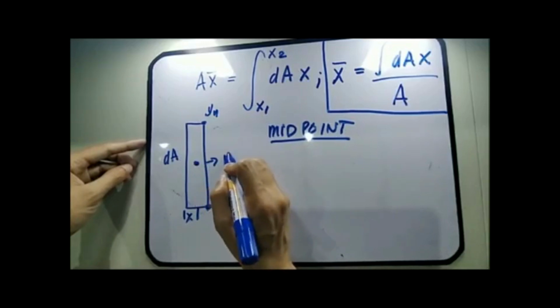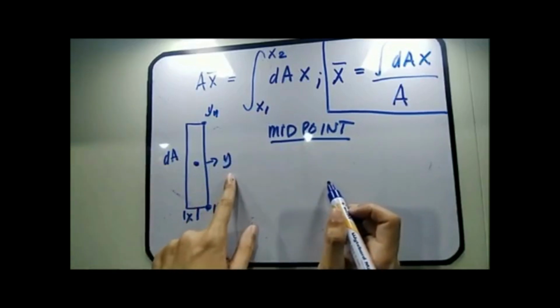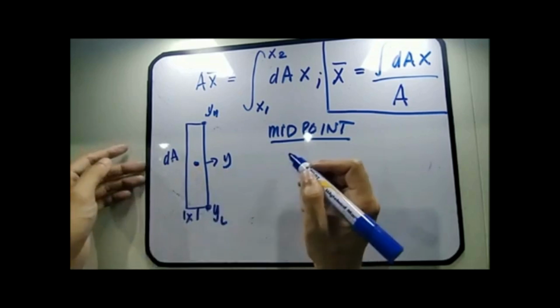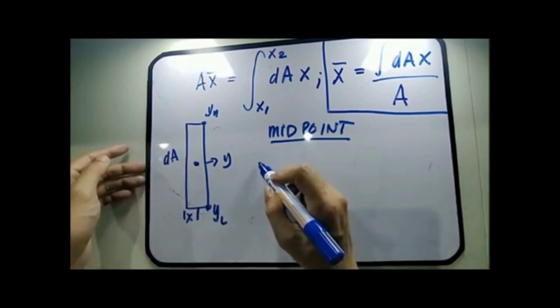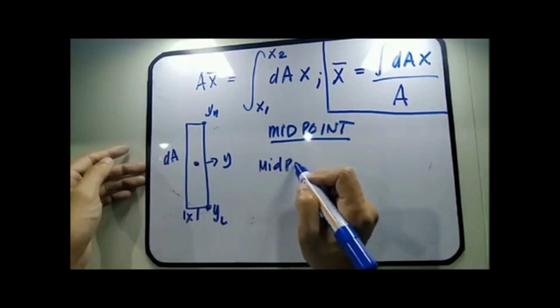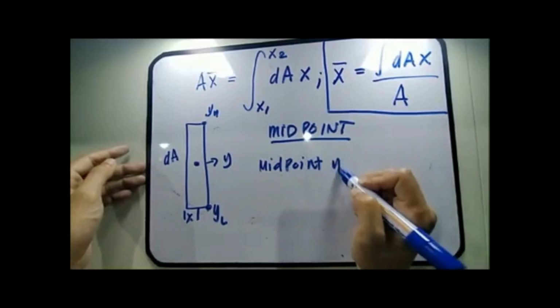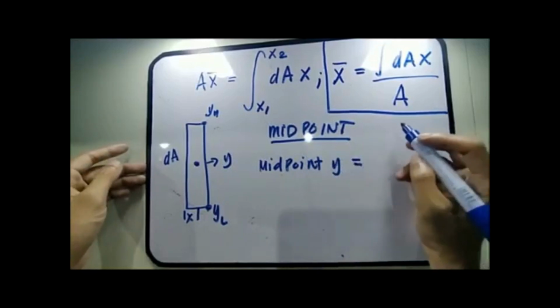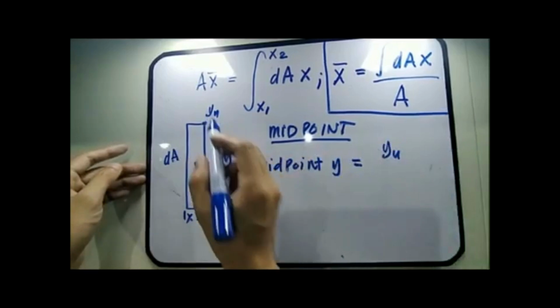So, yung nasa gitna, because this is just a rectangular strip. So, rectangle shape. So, yung midpoint niya is, we have here y upper plus y lower all over 2. So, we are just getting the average. Okay?